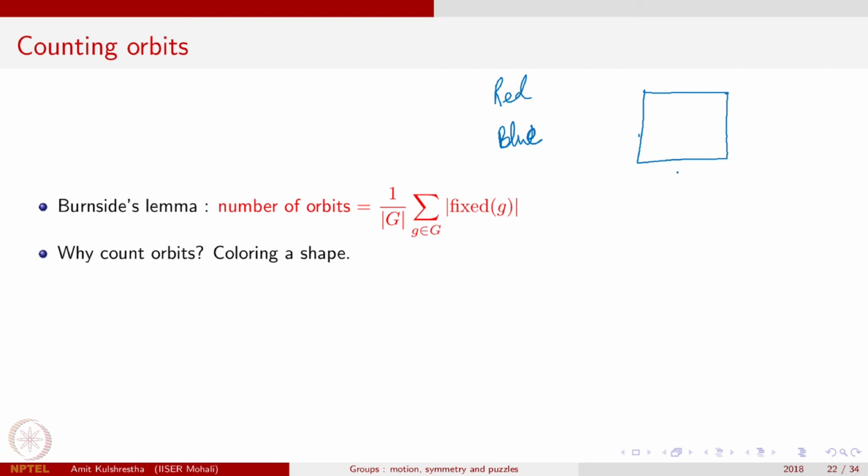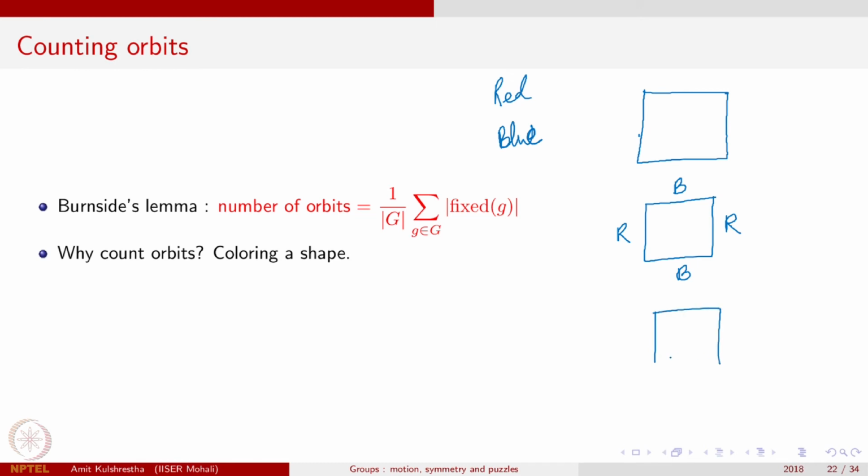So the question is, how many different squares like this can you make? Well, there is a possibility where I have this red, this blue, this blue.